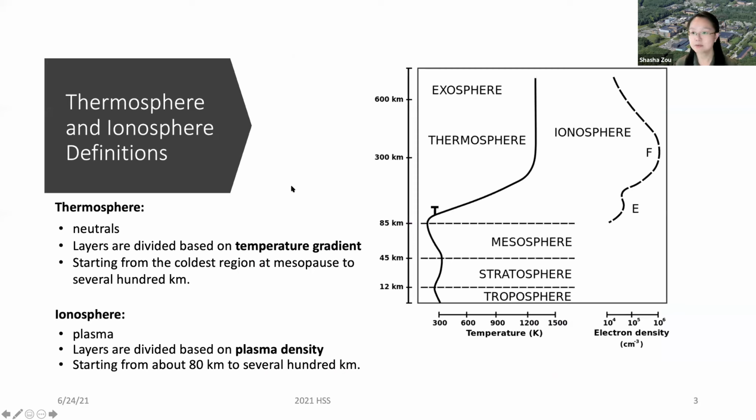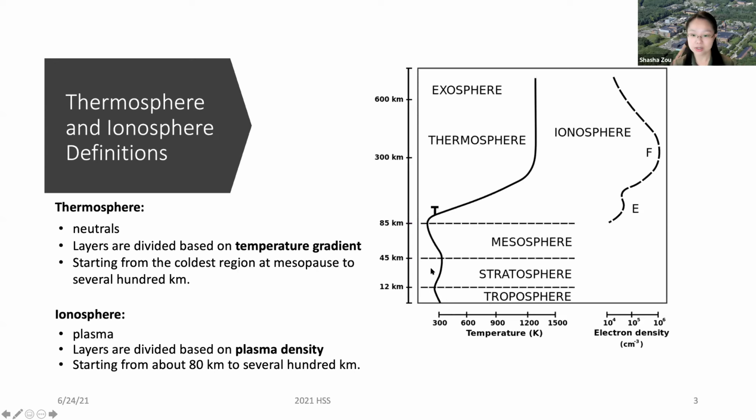So there are some basic definitions about thermosphere and ionosphere. As I mentioned, they exist in the same space, right? But their definitions are actually based on different physical quantities. For example, the thermosphere is the uppermost part of the atmosphere. And we know the different layers of the atmosphere are determined by the temperature gradient. Starting from the surface of the Earth, we're in the troposphere, where the temperature is gradually decreasing as you move to higher altitudes.